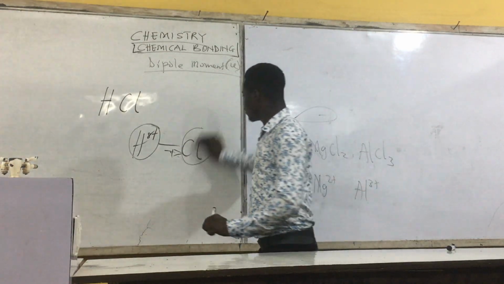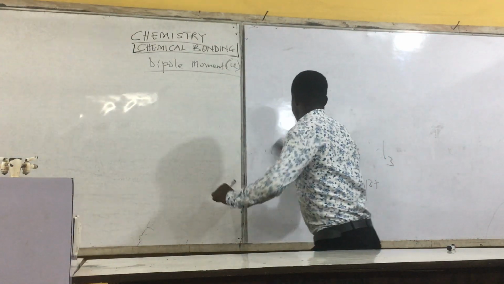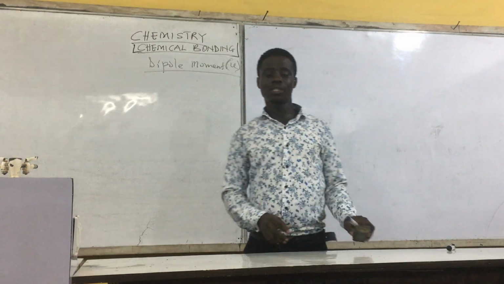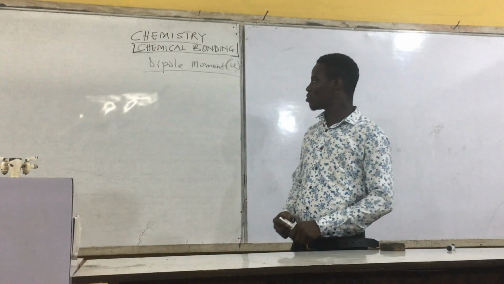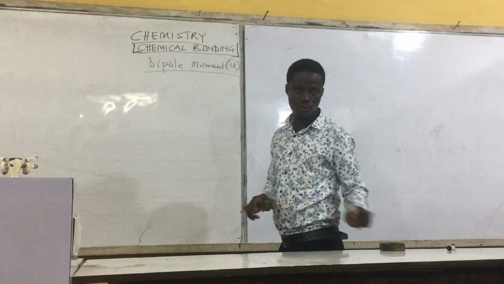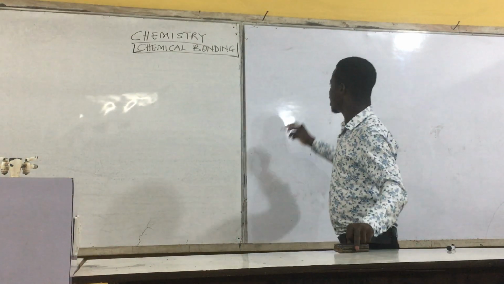However, for us to end this video, we will lay emphasis on the fact that there are some rules that are violated when it comes to the Lewis dot structure. One of the violations of this rule is what we call the extended octet.